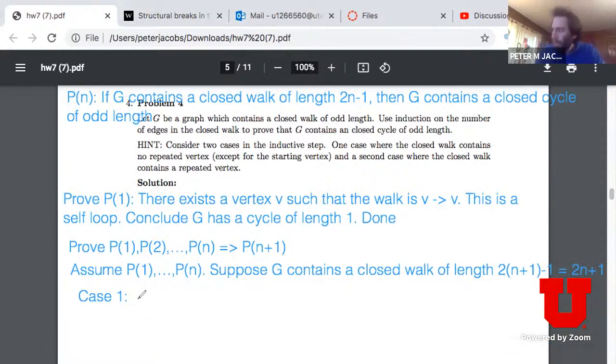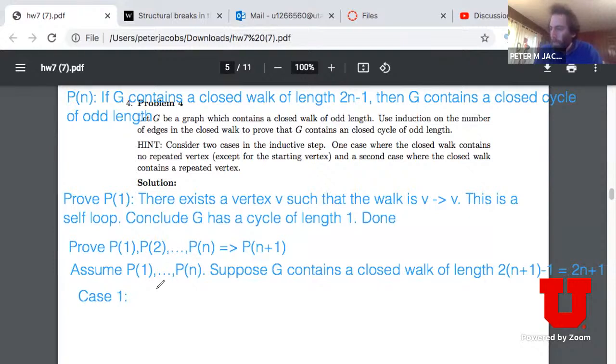Okay, so case 1, I'm just going to write it out here, is that the only repeated vertex is the last vertex. And what we want to show is that G contains a closed cycle of odd length.